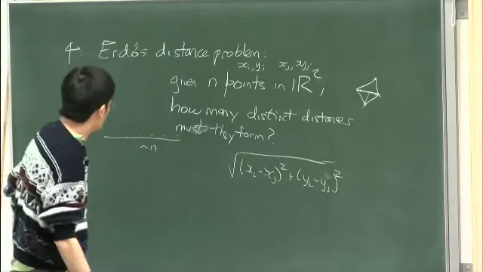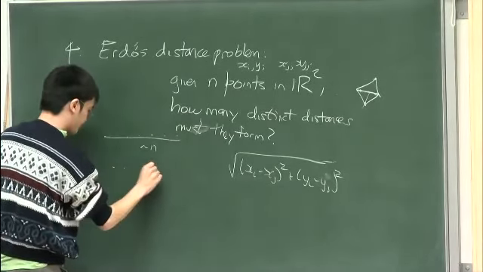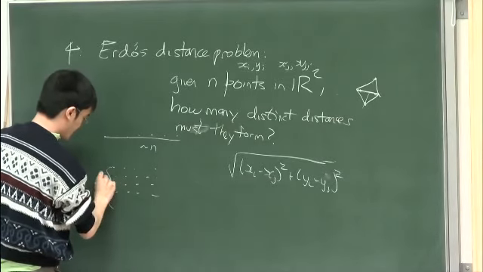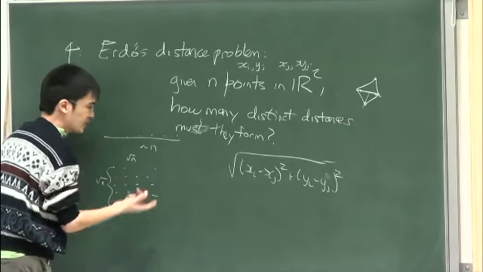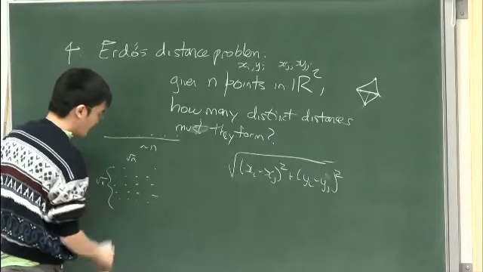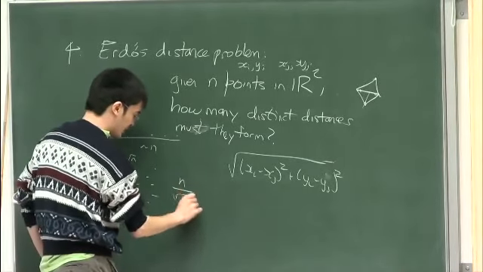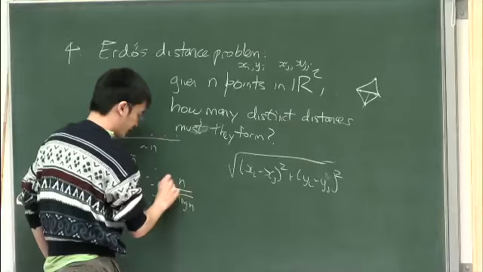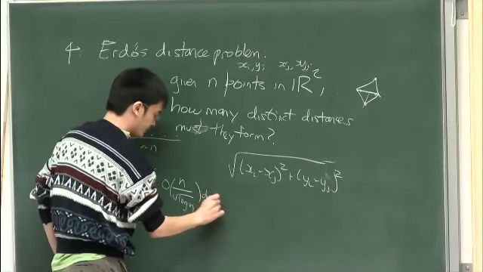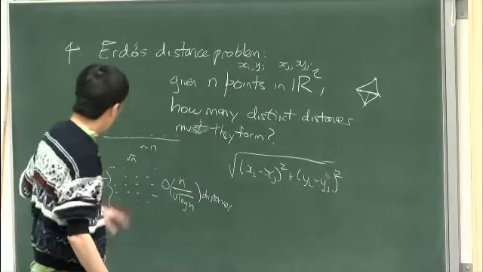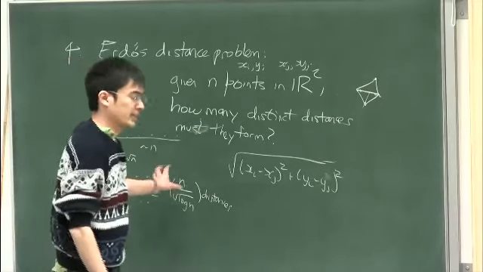Slightly more efficient, if you have an integer grid of size root n by root n, let's say n is a perfect square, then you can do a bit of number theory and count how many distances are on this grid. It turns out to be a little bit smaller, of the order of n over root log n. Basically, just because not every number is a sum of 2 squares, you get a slight saving.